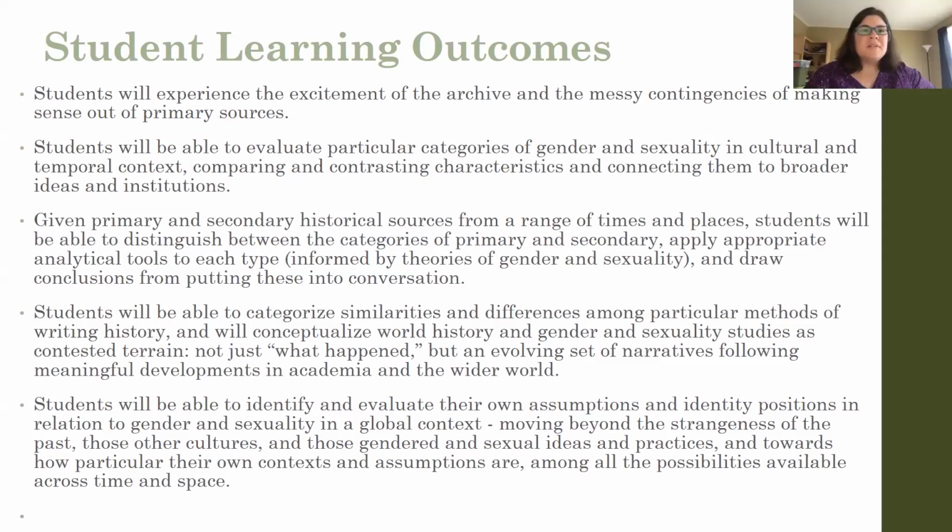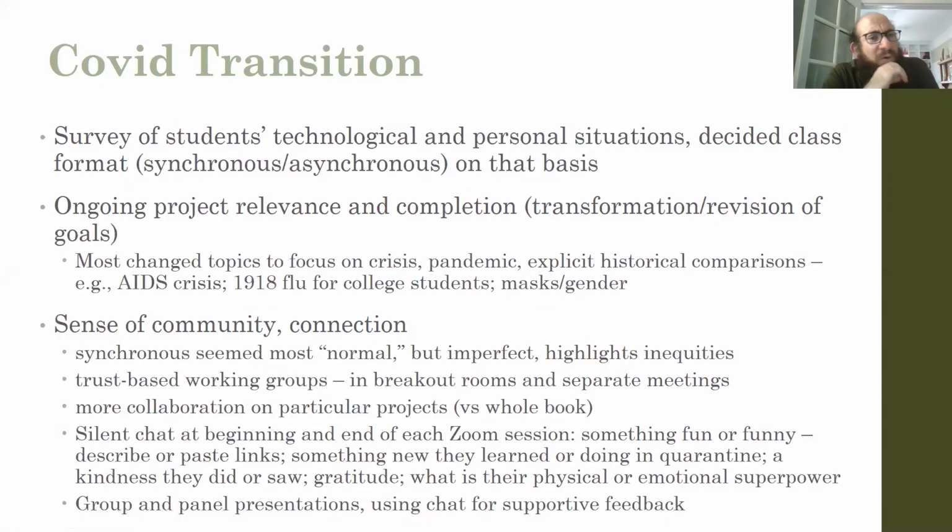So another question in the Q&A is, if you could change one thing in the class or semester, what might that be? Yeah, I mean, I'm thinking about that quite a bit right now, as I'm looking forward to the future.